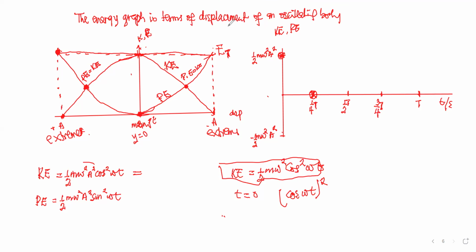Please, you get half m omega squared, so maximum kinetic energy. Yes. We will be using maximum kinetic energy. If you are lost as to how to calculate it, let me know.